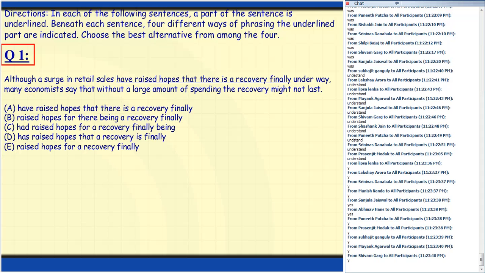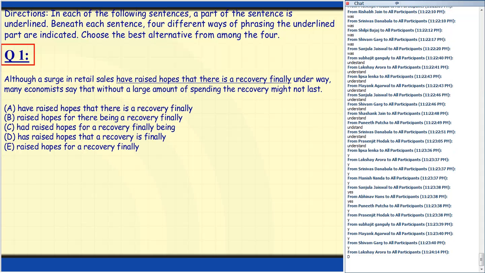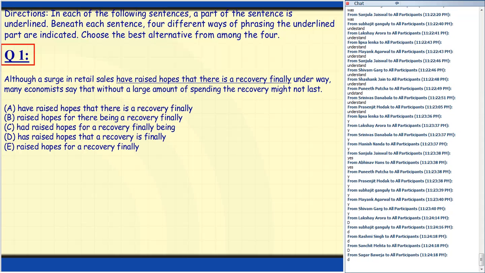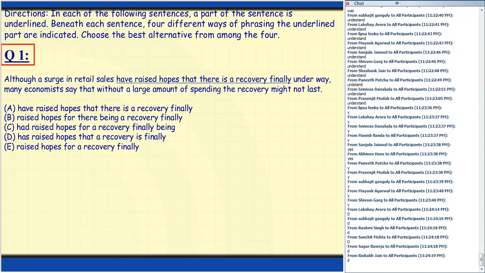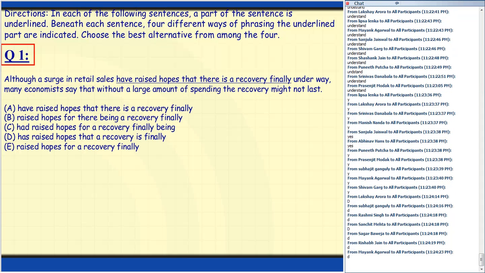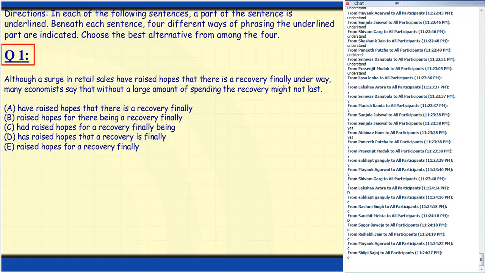For example, if you look at this one, it says, although a surge in retail sales have raised hopes that there is recovery finally underway. So whatever error is there, if there is an error, it is in the underlined portion. Okay, all of you are saying D, why?